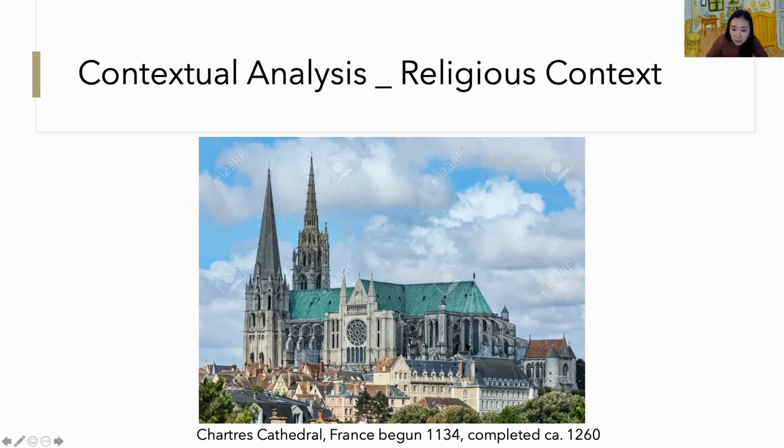Now, I know this photo is too small, so you cannot see the pointed arches. It's about here, inside the church, along with ribbed vaulting, flying buttresses, and stained glass windows so large they seemed like translucent walls. So it is ornate, with linear, vertical elements that direct the eye upward.